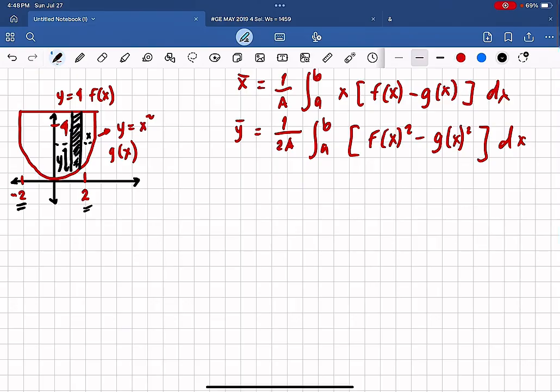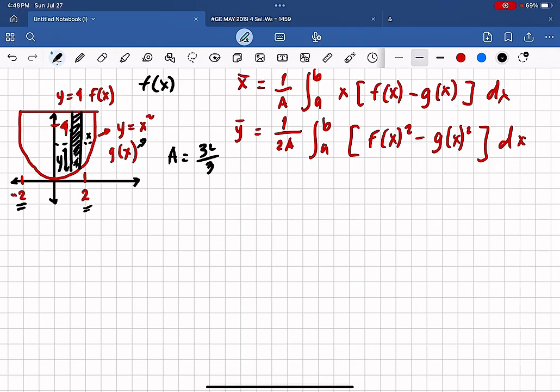From our answer of area in the previous problem, our A is equal to 32 over 3. So now let's plug in the values. So we know that our f of x is 4, right? And our g of x is x squared.